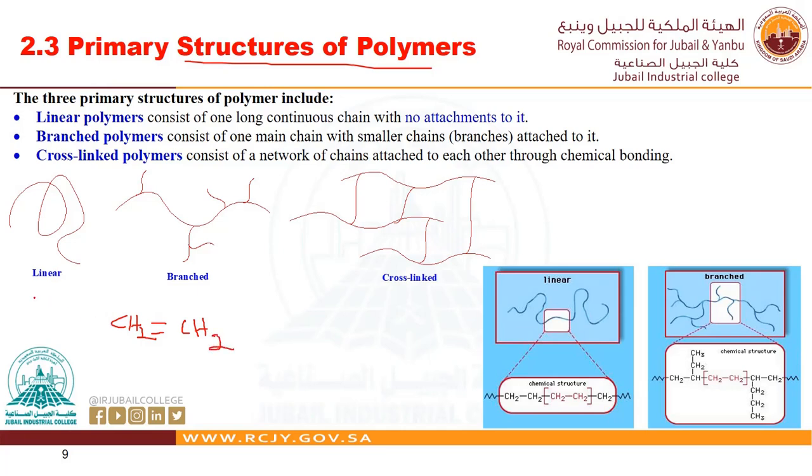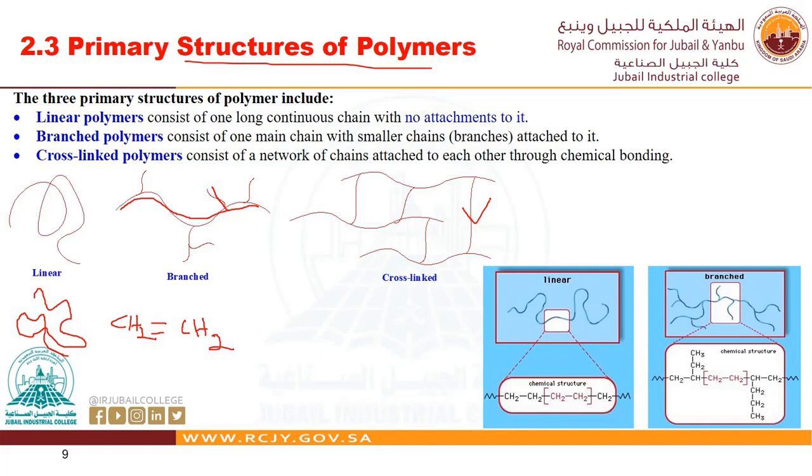You can have a continuous arrangement of the atoms within the polymer chain, which is called a linear polymer, or you could end up having a chain with an attachment, and these are called branched polymers, or you could end up with a cross-linked polymer, and depending on the density of the cross-links, that will give you what we call a network polymer.